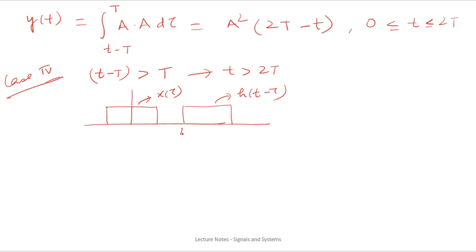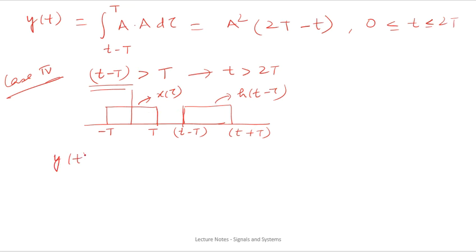So this point is t minus T, this point is t plus T, from minus T to T. So this t minus T, that is this edge, is towards the right side of this T. So from here we can see that there is no overlapping between these two signals.